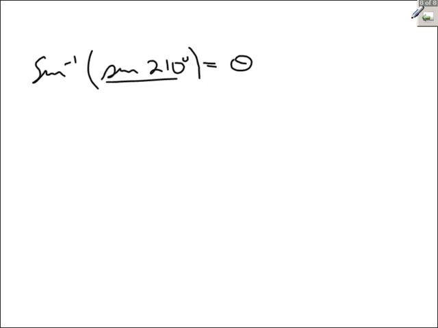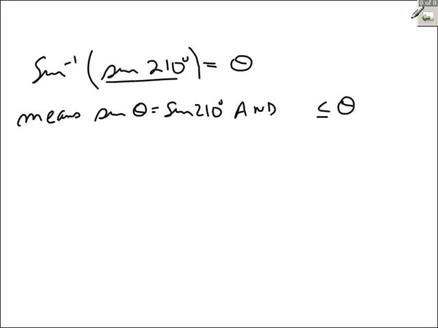Take a calculator and calculate the sine of 210 degrees, you'll get a number. This top statement means the sine of theta is equal to the sine of 210 degrees, and theta is in between negative 90 and positive 90 degrees.